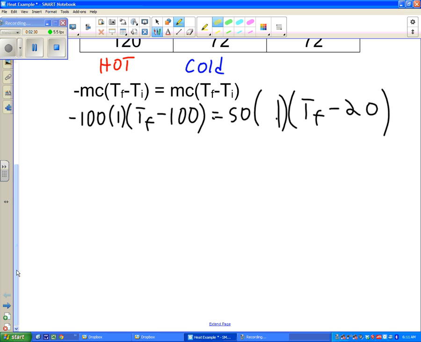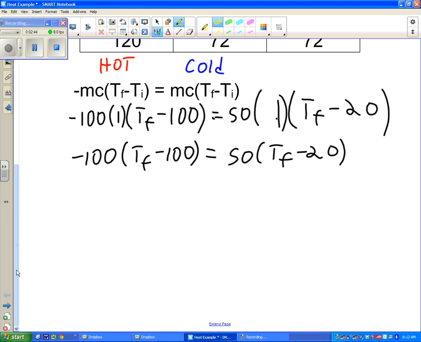All right, so I'm going to multiply the ones through, simplify it a little bit. Okay, and now I'm going to distribute. So I'm going to distribute this negative 100 times both of those.